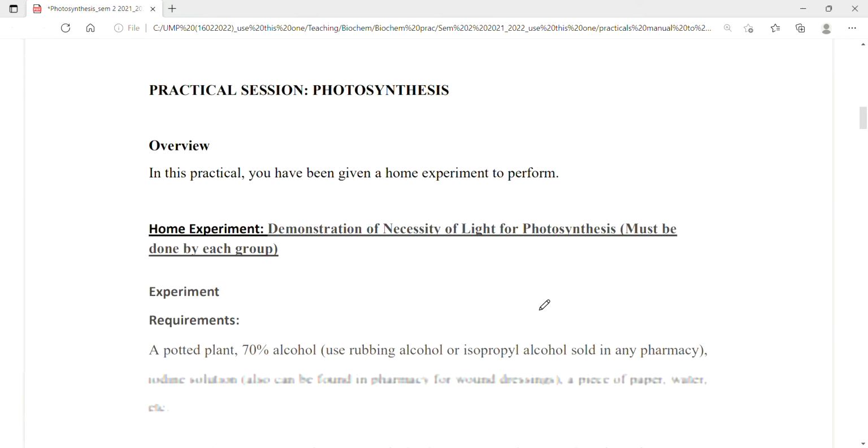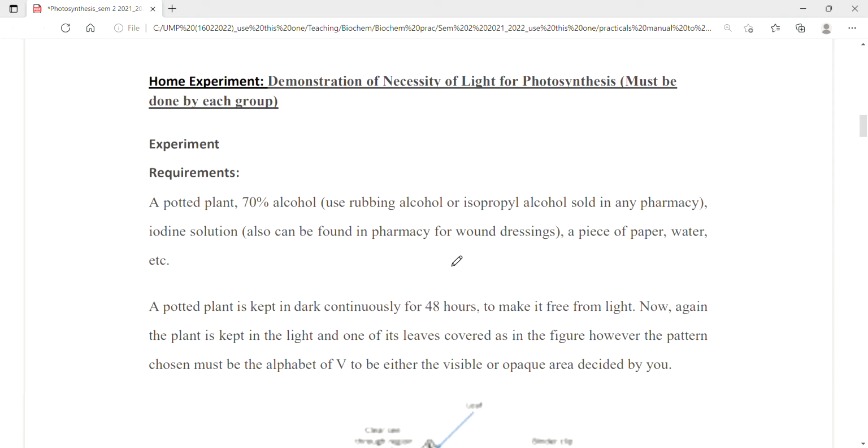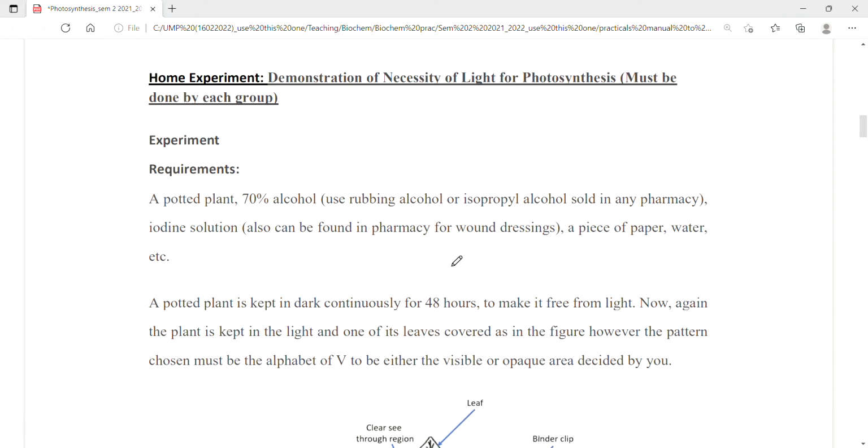Right. I have also incorporated a home experiment, since you are unable to come to the lab. This one is interesting, where you can do it in the house. You need a potted plant, any potted plant with green leaves, and also alcohol. You can get this from any pharmacy.